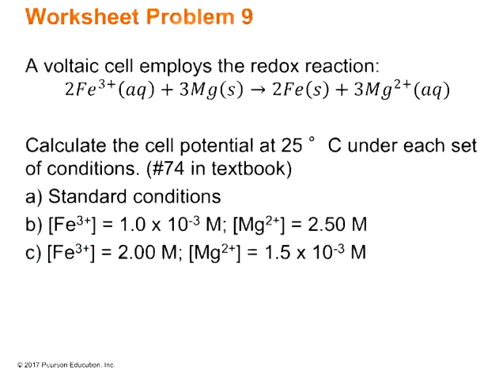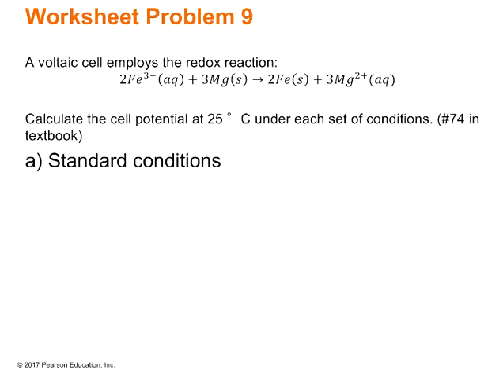So let's start with A. We're going to calculate the cell potential under standard conditions. So this should be pretty easy. We just have to figure out, again, what's oxidized, what's reduced. So iron 3 plus has an oxidation number of +3. Magnesium is 0. Iron is 0. And magnesium is +2.